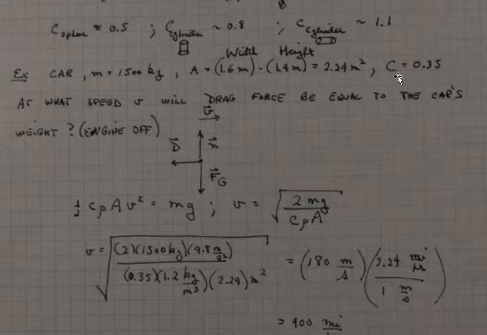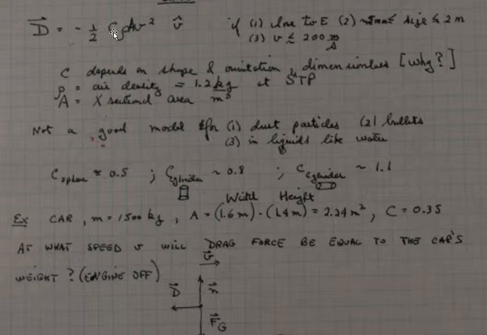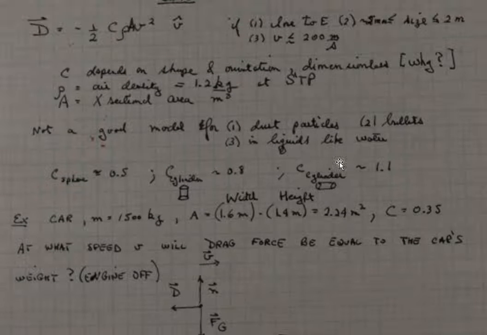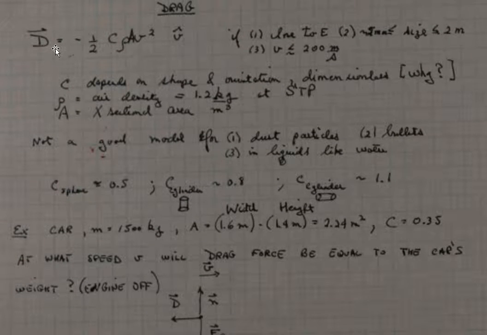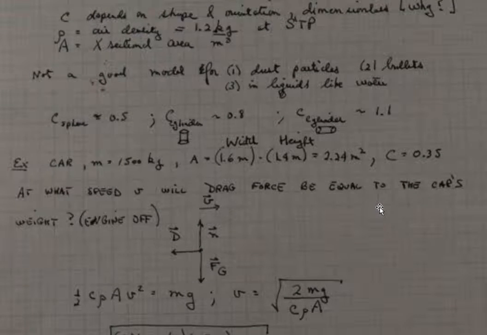The C is 0.35 for what we'll assume for this car, partly because aside from this cross-sectional area, there is some aerodynamic engineering done in the car, and so the C is somewhat smaller. As you can see from the formula, a smaller C makes a smaller drag. That would be, of course, desirable in a car. You're going to eat up gas overcoming a drag force, and so it behooves an engineer to make the C as small as reasonably possible.